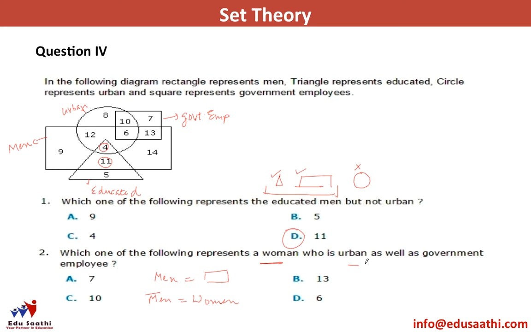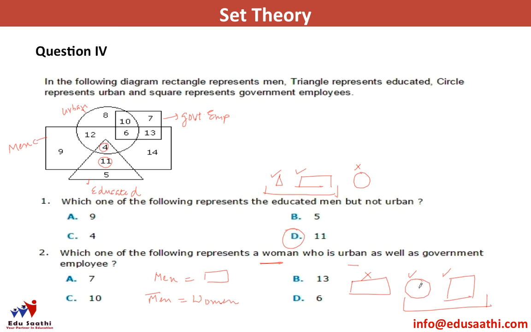Who is urban as well as government employee? So in this question, I do not need a rectangle, so every number outside the rectangle. Who is urban? So I need a tick mark for the circle, and a government employee, I need a tick mark for the square. So I'll first look at these two conditions.